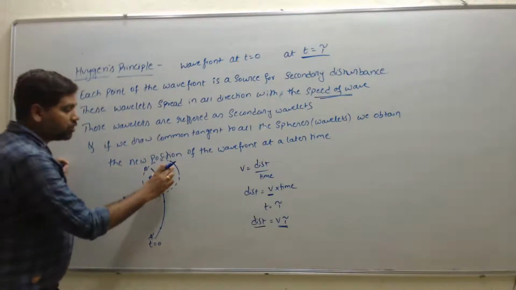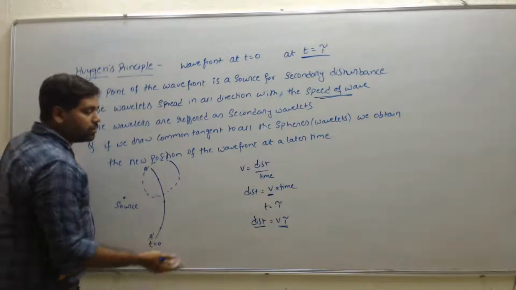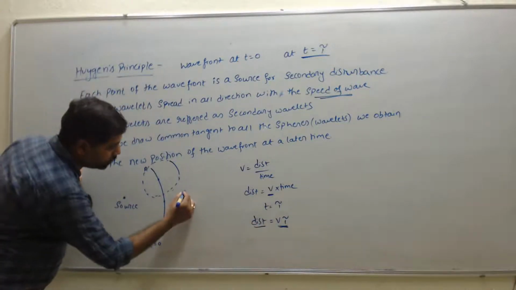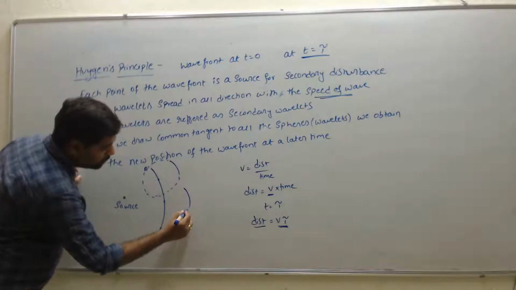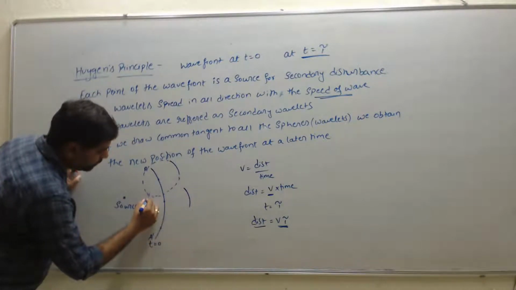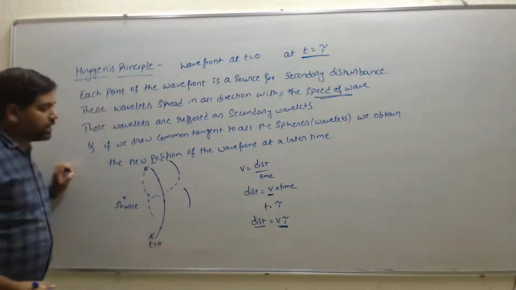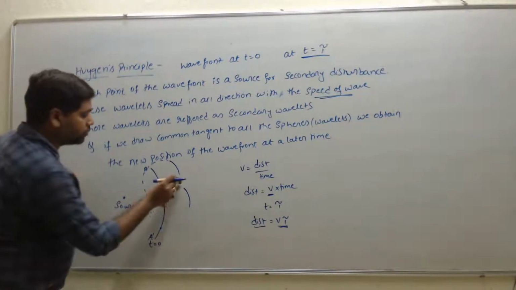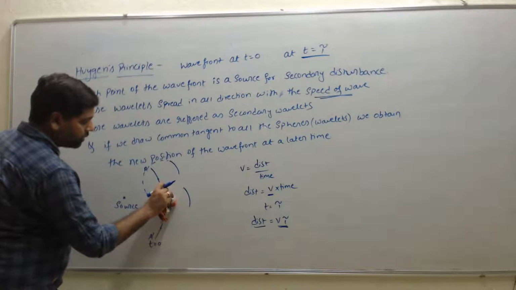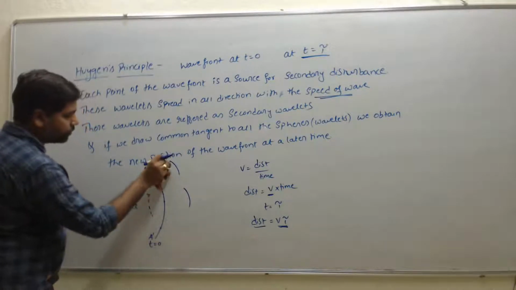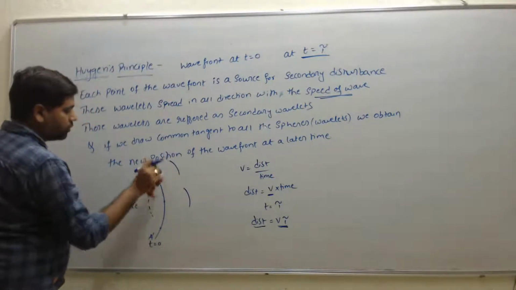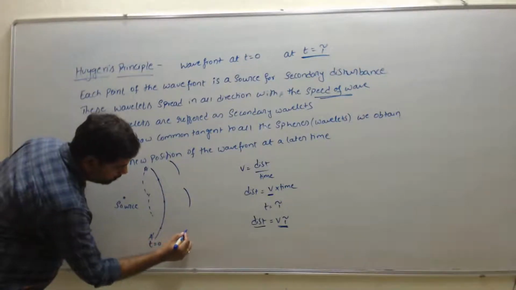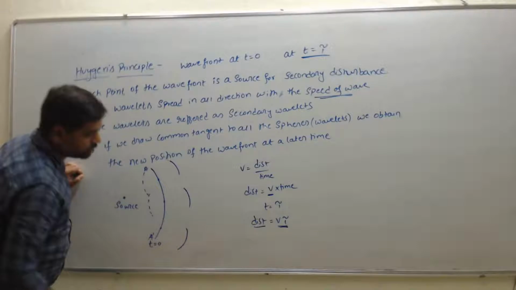That's why we are drawing the sphere using the radius v into t. For the second point also, if we draw one sphere like this, we get like this. If we fully construct, we get one sphere, so I will take only the semi arc. This is for the second point, and here also we have a third point.